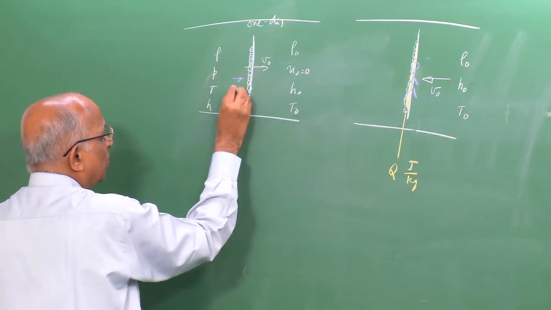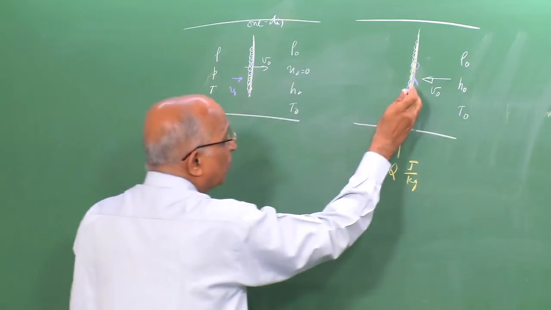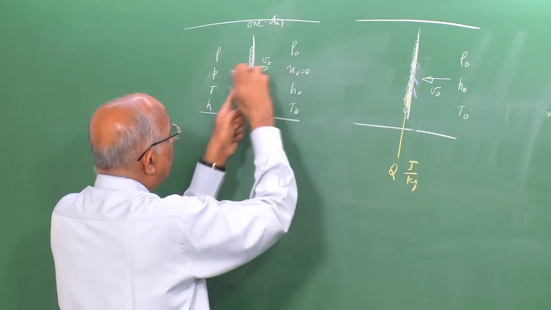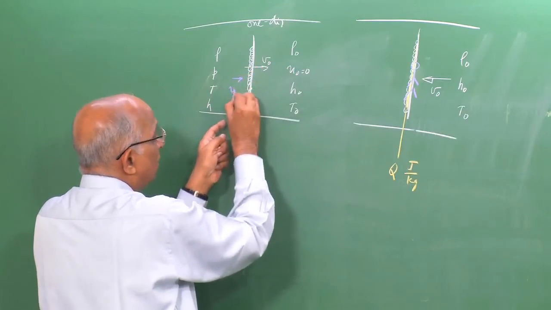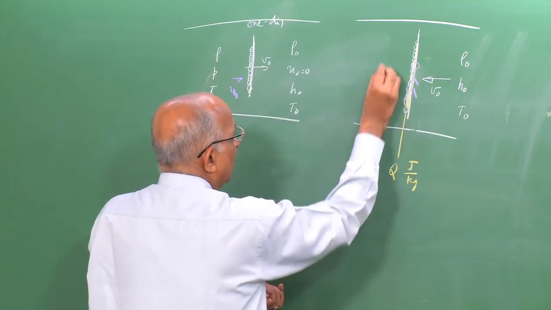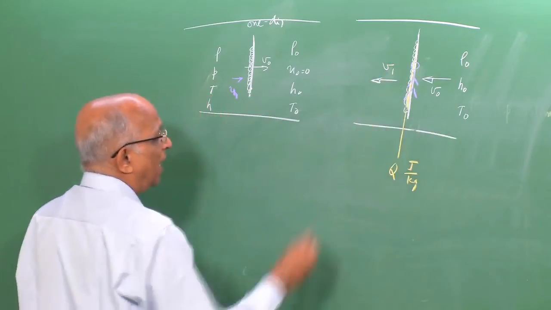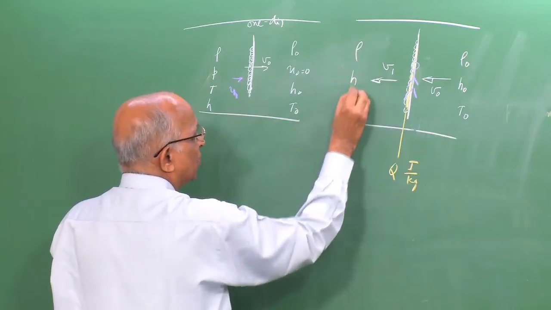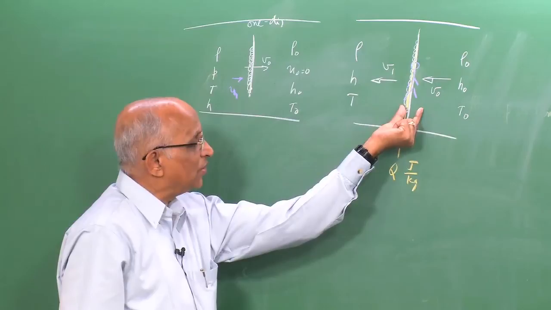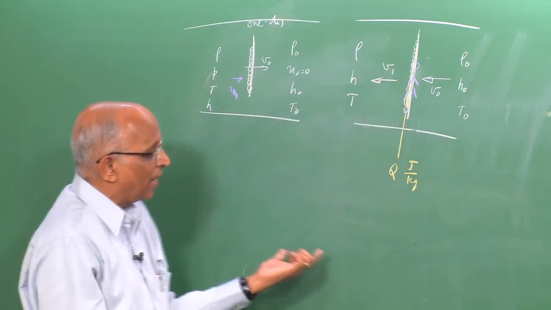Let this velocity be u1. But in the frame of reference of the wave, the velocity is going to be v0 minus u1 over here. Let us say this velocity is therefore v1, and the conditions are rho, h and T.